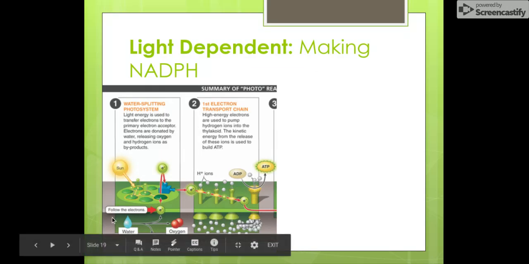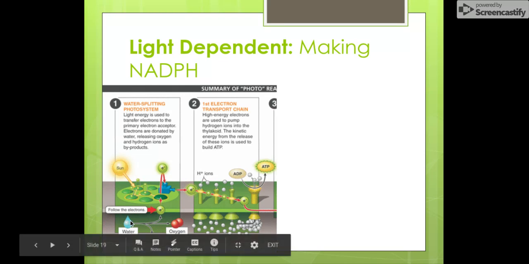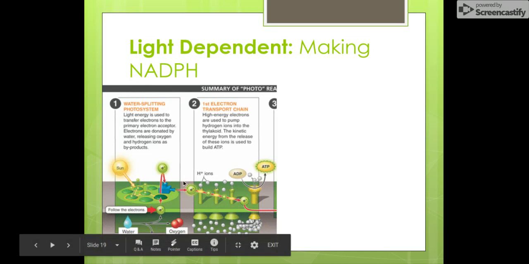And so here we see that whole process. Again, light-dependent reactions happening in the thylakoid. We're using sunlight and water. That sunlight hits these chlorophyll molecules, releasing electrons. They then get sent to the electron transport chain. That water is stripped apart so that we can get those electrons for these chlorophyll molecules.